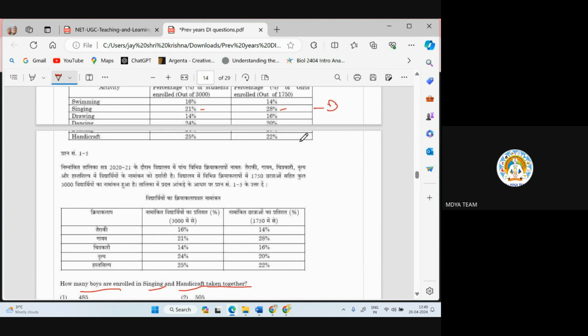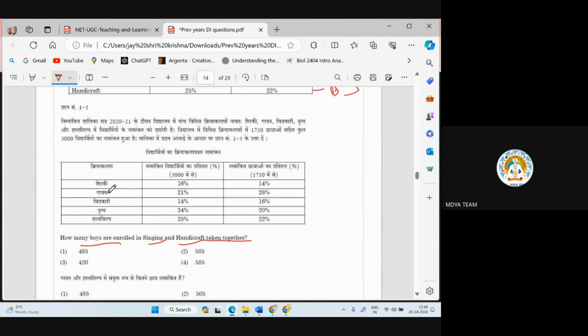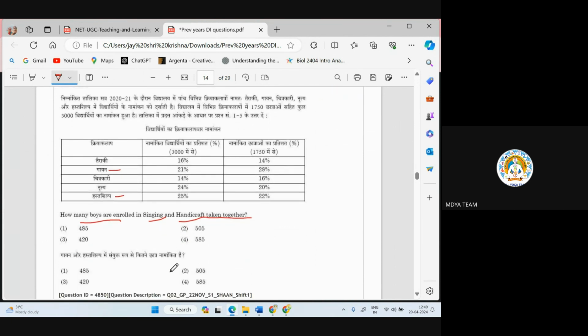Similarly, calculate the number of boys in handicraft. Now add these two values and you will get the number of boys taken together in singing and handicraft. Is the question clear?